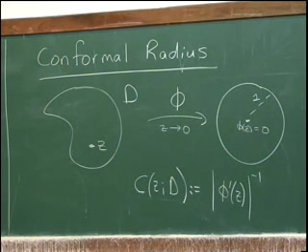Let's say G, so G of Z prime is H evaluated at phi inverse. That's right. So it's this H function.